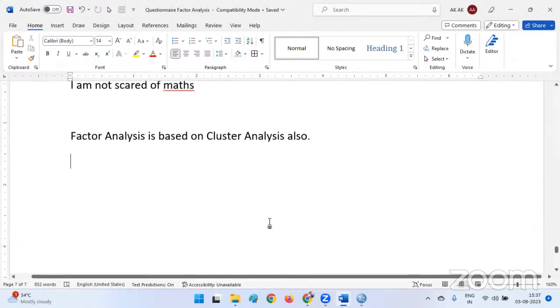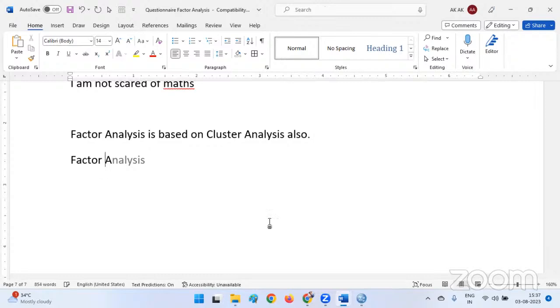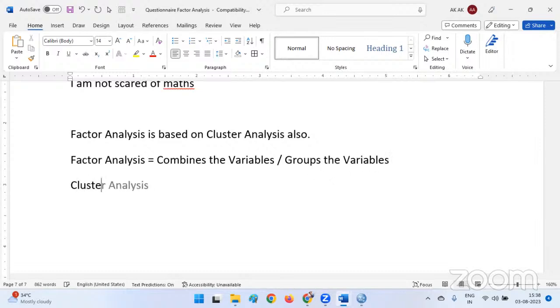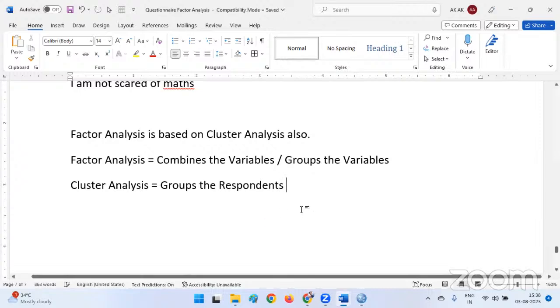What is the difference? Factor analysis basically combines or groups the variables, while cluster analysis groups the respondents, not the variables.